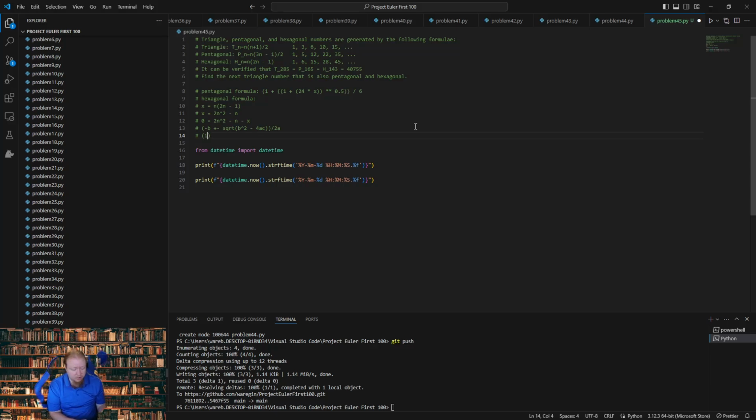So that'll be b is -1, so negative b is 1, so 1 plus, more inner parentheses, square root of b squared.